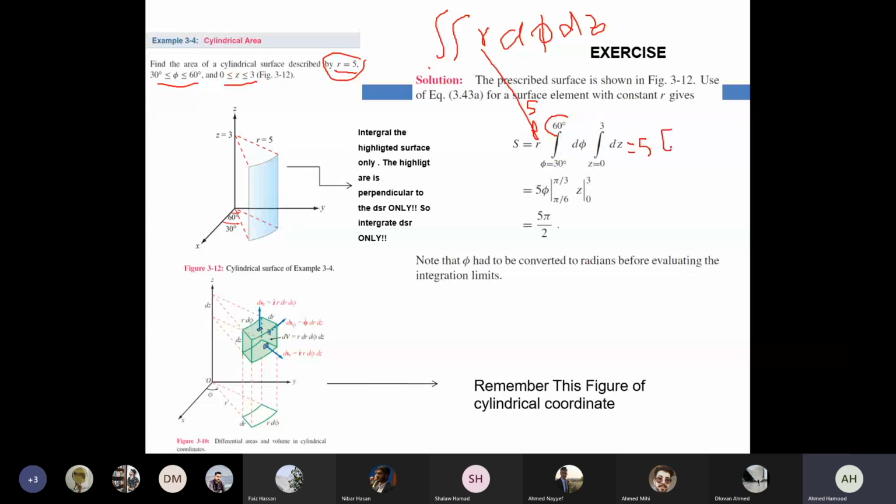Then you have phi from 30 to 60. Then the second one is z, 0 to 3. Then it is equal to what? 5, 60 negative 30.